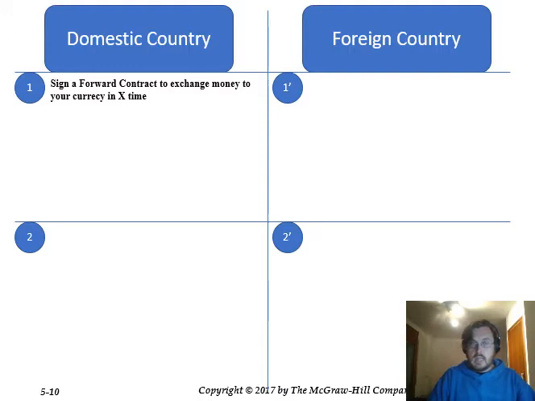So in the domestic country, let's start there. The question that we always need to ask ourselves is the same: do we know how much money in our currency we are going to receive in X time, in whatever time it is? In this problem it was 6 months. Do we know it? No, we know the amount in the foreign currency. So the first step for the domestic country would be to sign a forward contract to exchange money to your currency in X time.